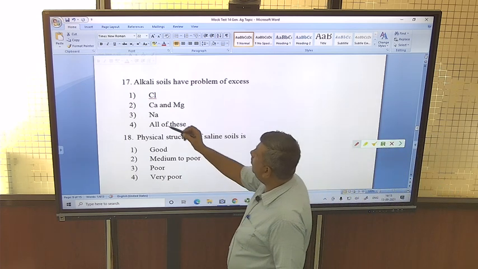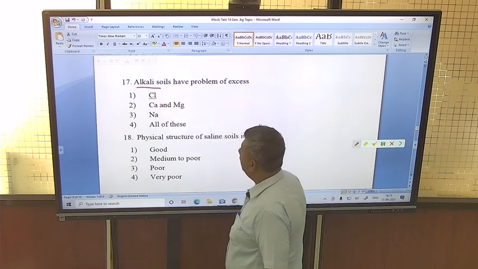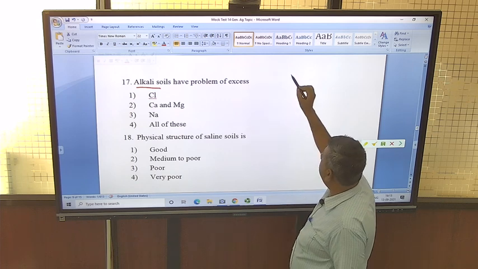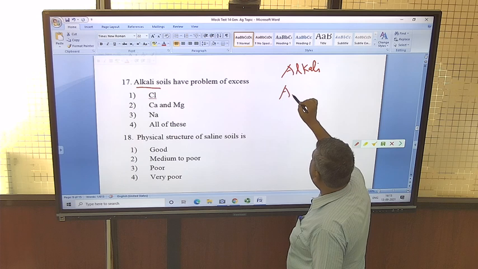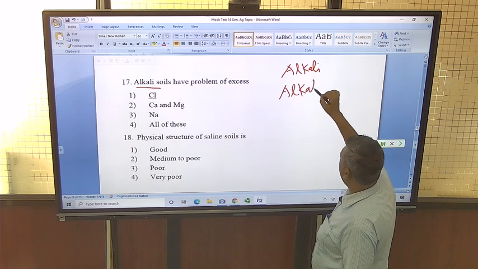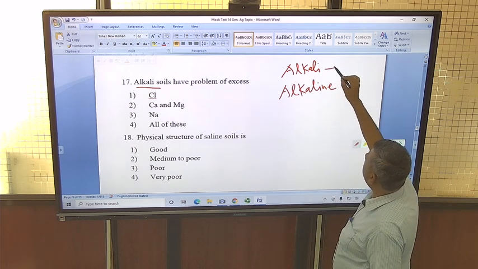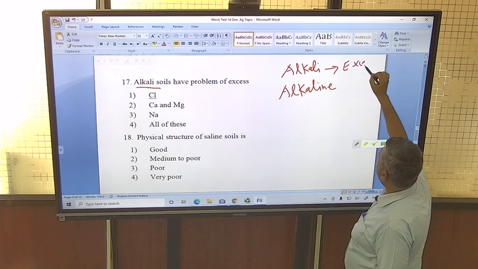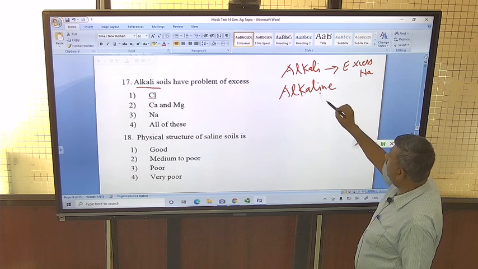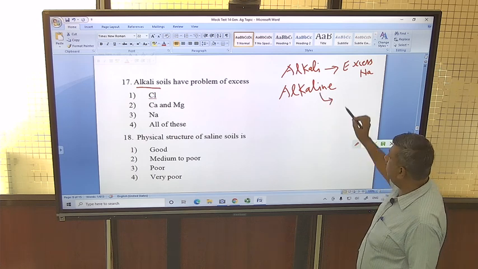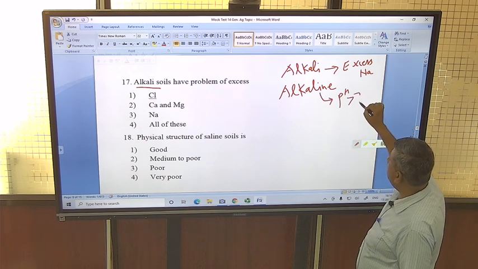Alkali soils have a problem of excess sodium. There are two confusing terms, alkali and alkaline. Alkali means excess of sodium. In case of alkaline, pH is more than 7.